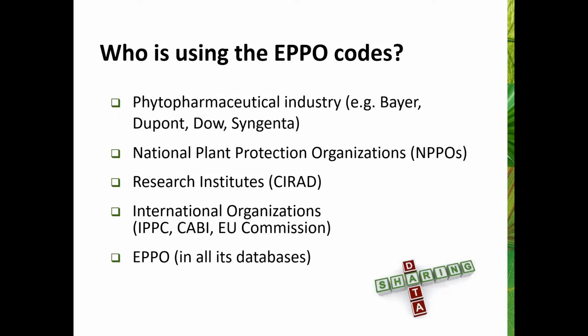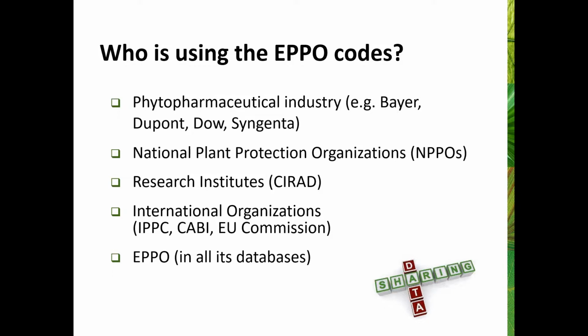So just to finish this presentation, who is using the EPPO codes? Many different organizations or institutes or different bodies. Of course, the phytopharmaceutical industry still uses the EPPO codes.